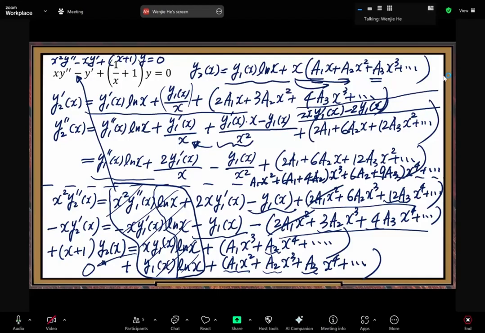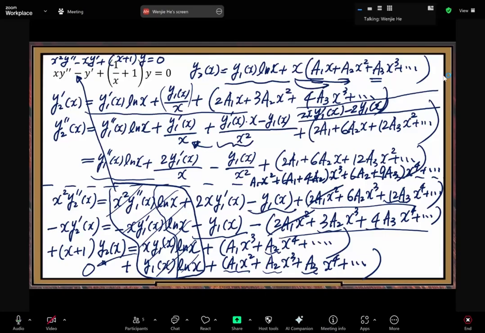So let me quickly copy. So what do we have here? And we move to the next screen. So let me write on my paper 2x times y1 prime of x minus 2 times y1 of x.